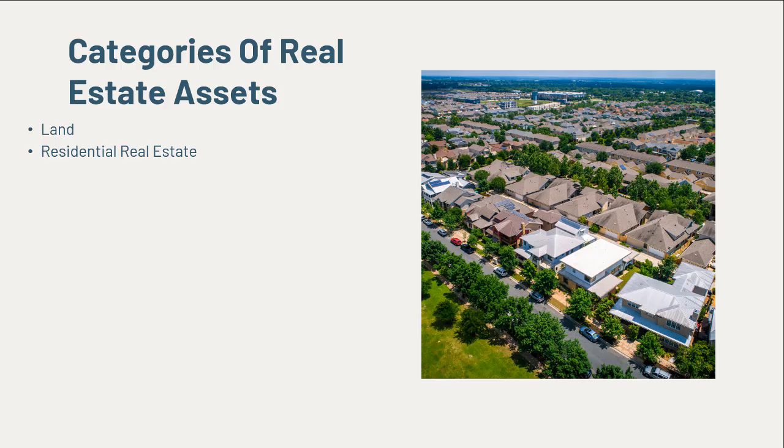Okay, so that gets us to the next point here, which is residential real estate. Residential real estate refers to where people live. So this is going to be things like houses. Single family homes are a type of residential property where a parcel of land only has the housing unit for one single family. Multifamily residential is like an apartment building, where on one parcel of land there is housing built for many different households. But this is all considered residential real estate.